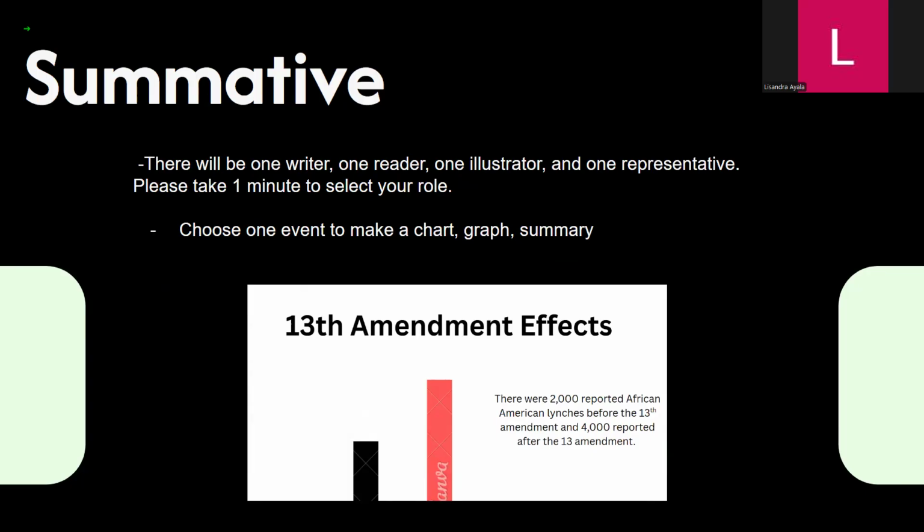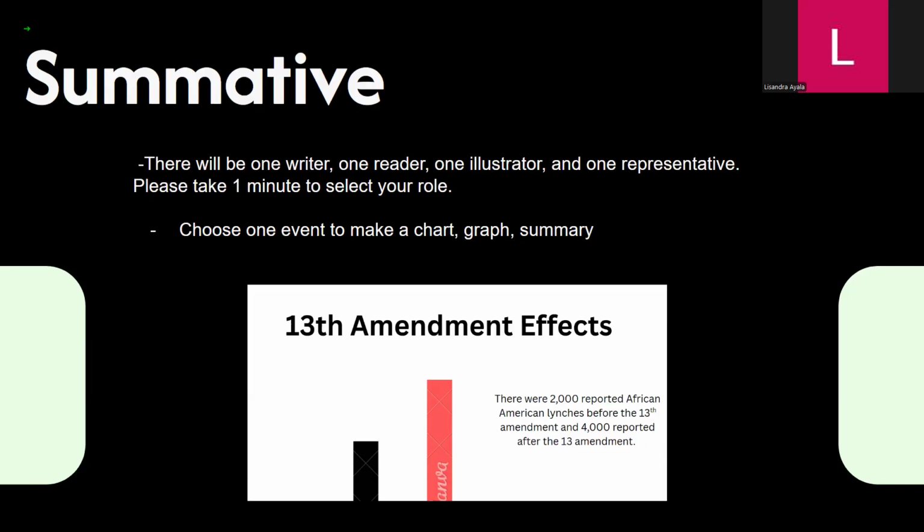Summative. There will only be one writer, one reader, one illustrator, and one representative. They'll take a minute to decide what role goes to who, and they will choose one event to make a chart, graph, or summary. We have a video using Notebook LM that gives them the options of the events they can use.